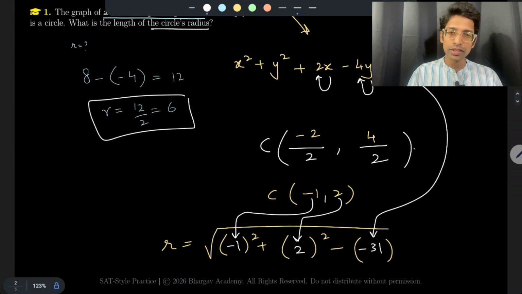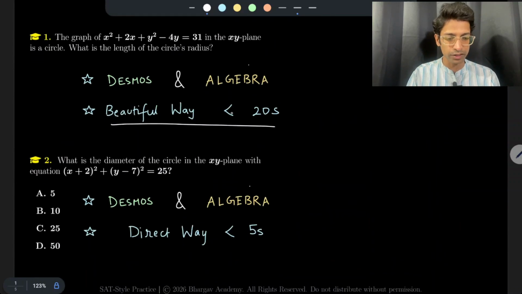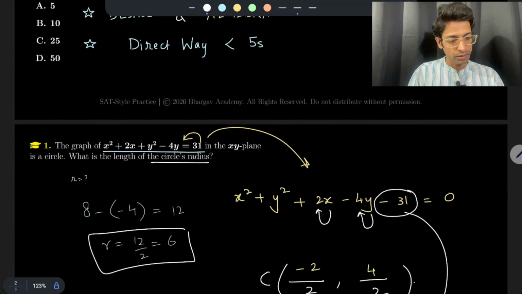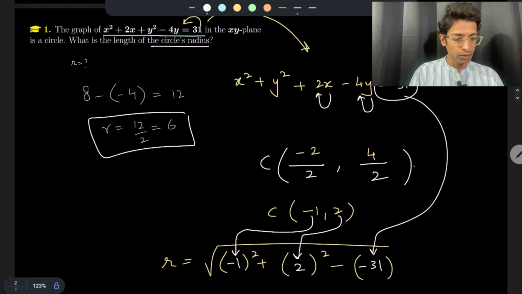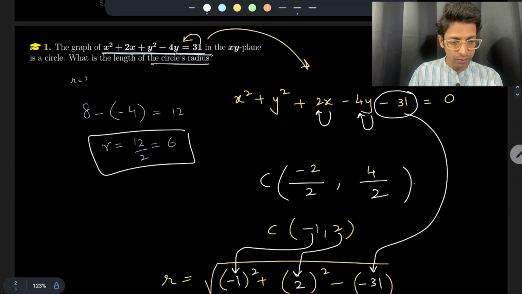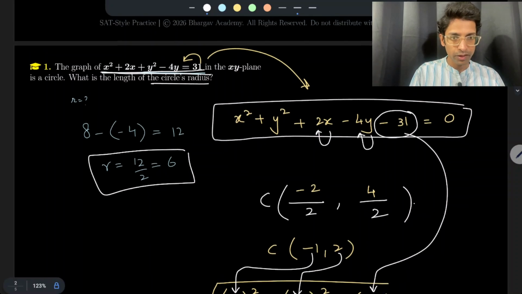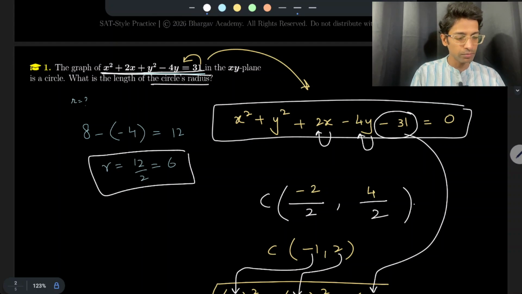And if you want to do it the algebraic way, which is also really fast, which is the beautiful way I'm referring to here, we can also do that. How do we do that? Write down this circle equation in this format. Make sure the right hand side of the expression is 0. Take your attention to the x coefficient, which is plus 2.